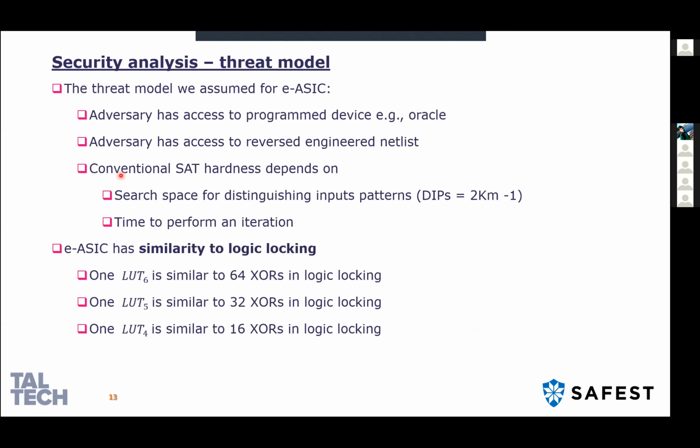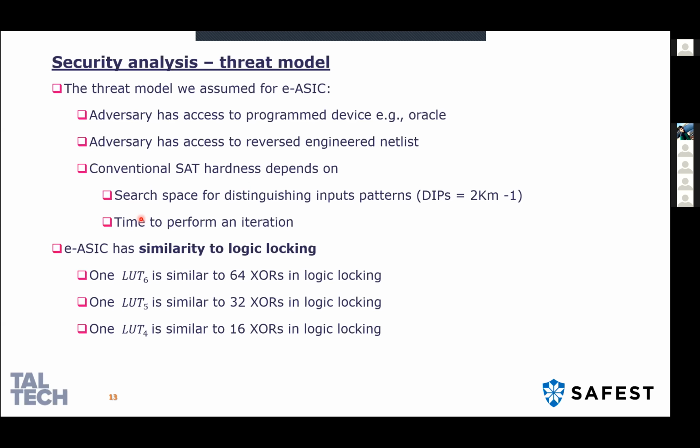The conventional SAT attack hardness depends mainly on two things: the search space for distinguishing input patterns, DIPs, and also the time to exclude one key or n keys in a single iteration. So we have some similarity to logic locking.